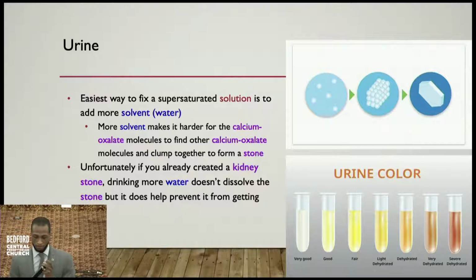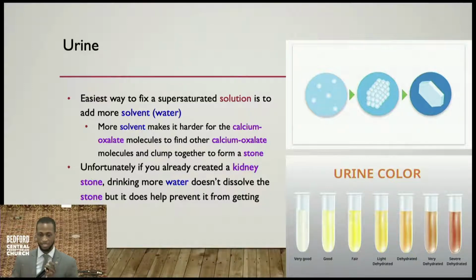And then down here, we'll talk a little bit more about this later, but the color of your urine can sometimes be a clue as to whether your urine is unsaturated, saturated, or supersaturated. So if your urine is very clear, like water, or very, very light yellow, that's usually a very good sign. That means that your body has enough water that it doesn't need to hold on to more water.